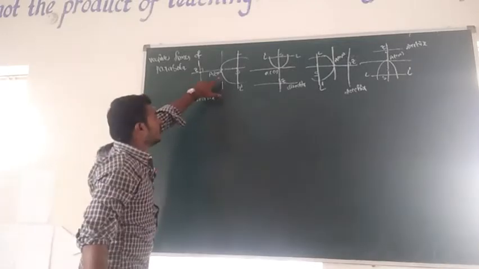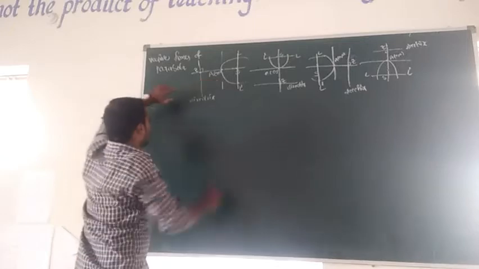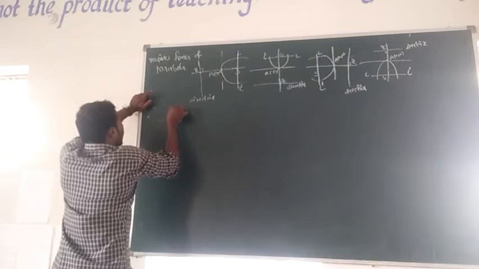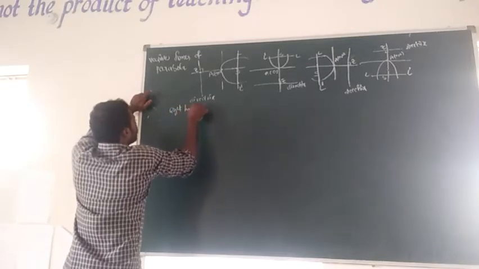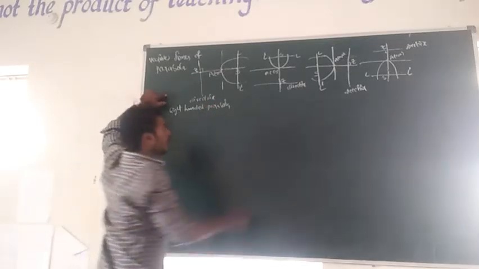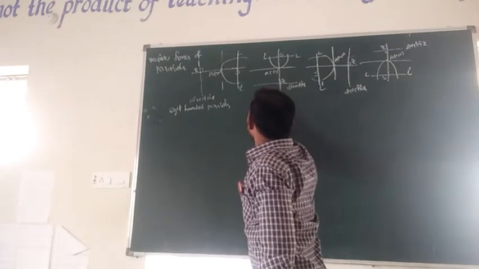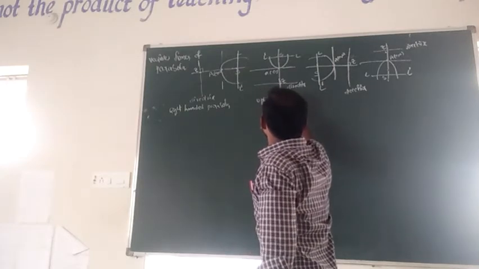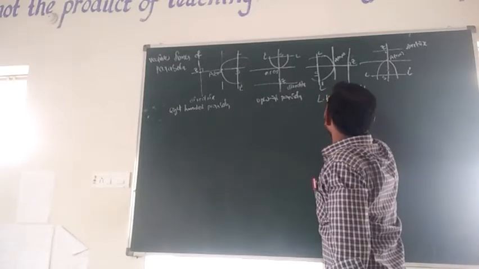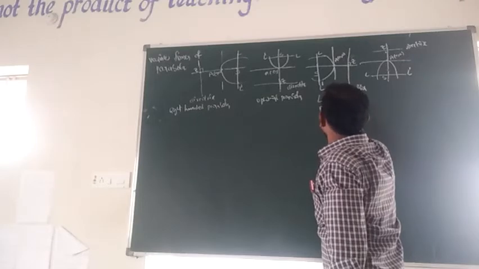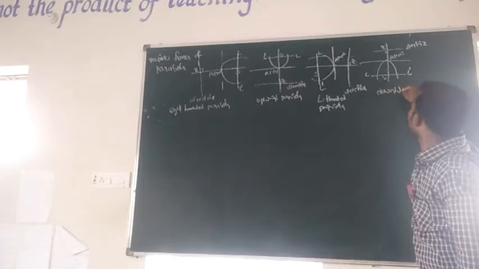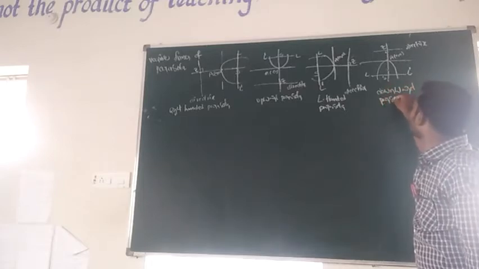Now this form of parabola is called the right-handed parabola, and this is the upward parabola, and this is the left-handed parabola, and this one is the downward parabola.